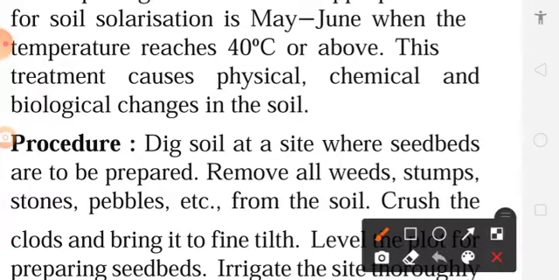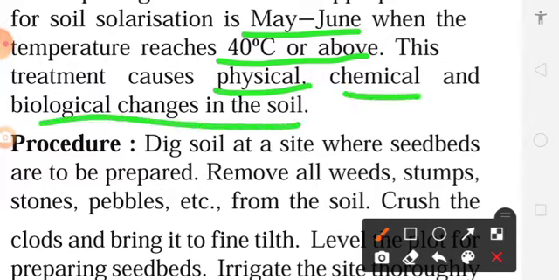So in the months of May and June, when the temperature reaches 40 degrees or above, physical, chemical and biological changes are brought in the soil. So for disinfection or sanitization of the soil during summer, we can follow some methods.